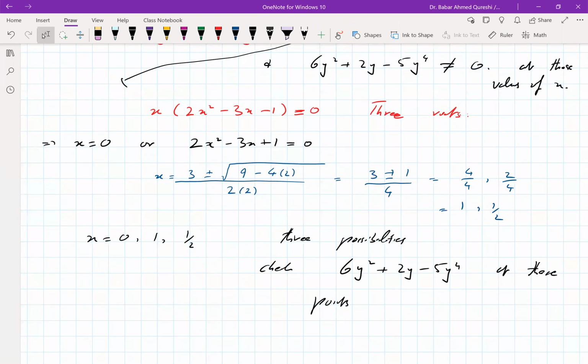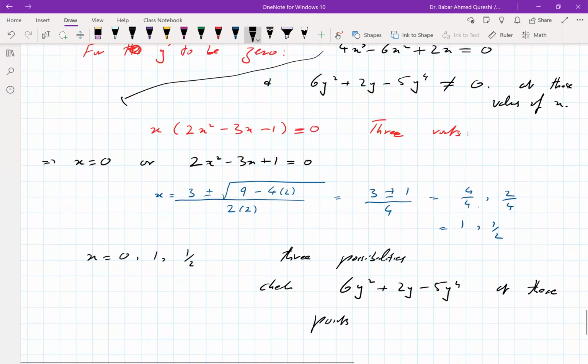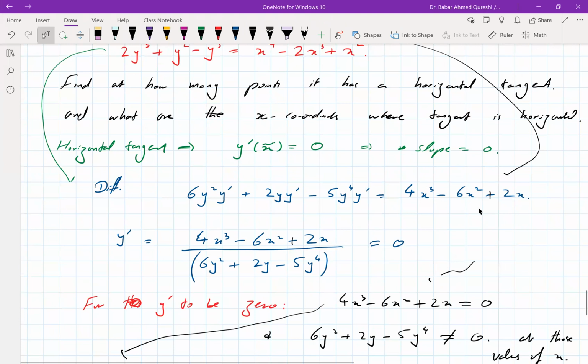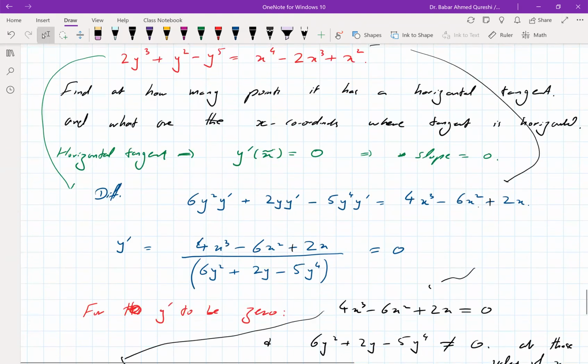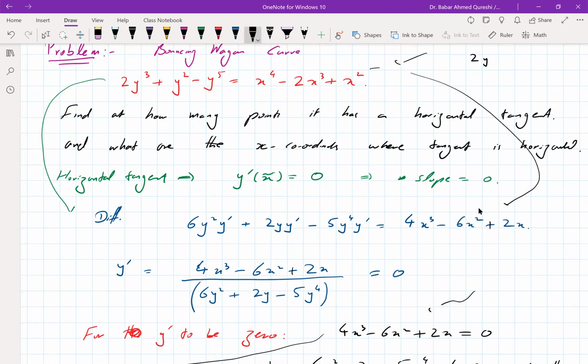And if they are not 0, so if I put x is equal to 0 in this equation, I get 2y cubed is 0. So 2y plus 1 minus y cube is 0.